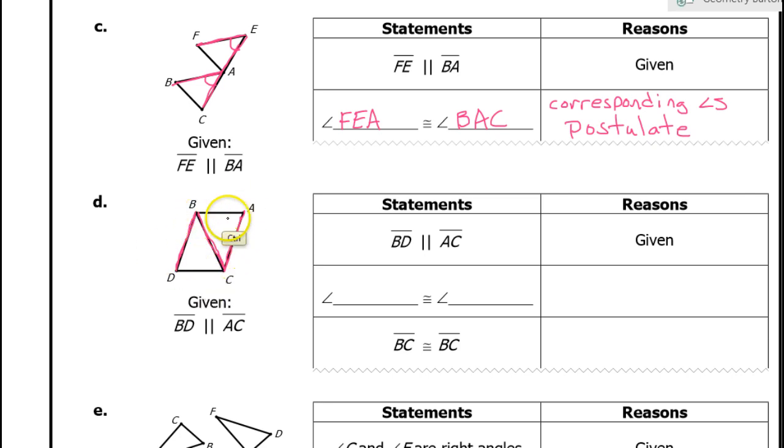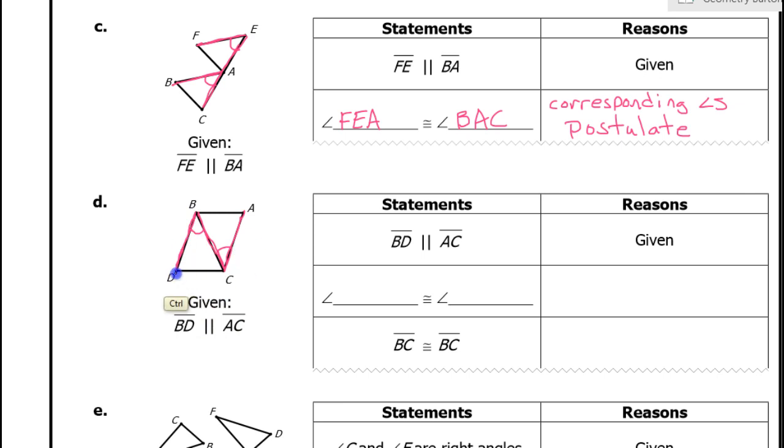Now, instead of forming an F, this forms an N, or you could look at it as a Z that's been turned on its side. When you see the N or the Z, you are looking at alternate interior angles in the corners. And those will be congruent on parallel lines.